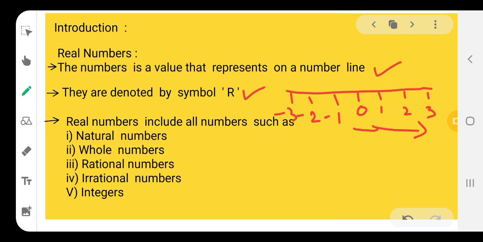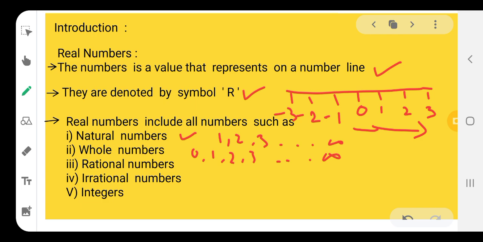So what types of numbers do real numbers include? We will see one by one. Natural numbers. So what are natural numbers? Numbers which go 1, 2, 3, and so on, till infinity. These are known as natural numbers. And what are whole numbers? Whole numbers are 0, 1, 2, 3, and so on till infinity.